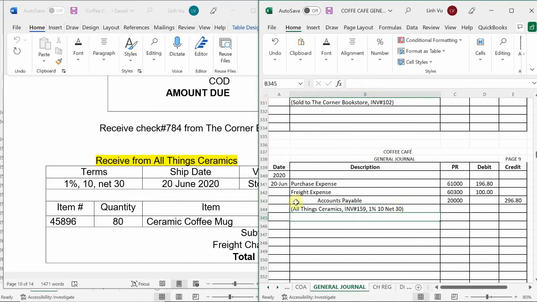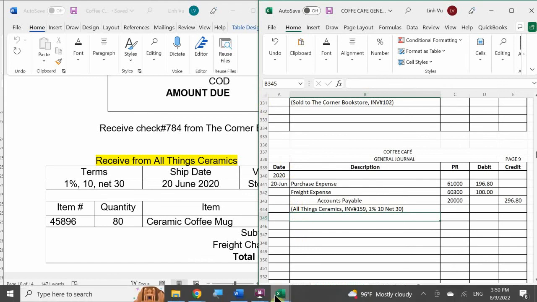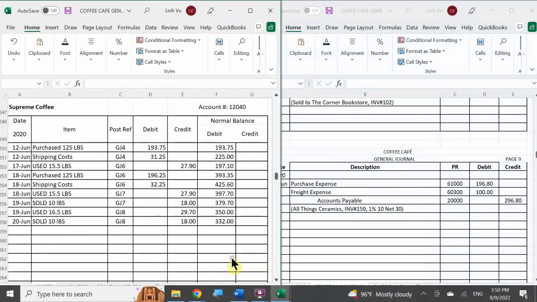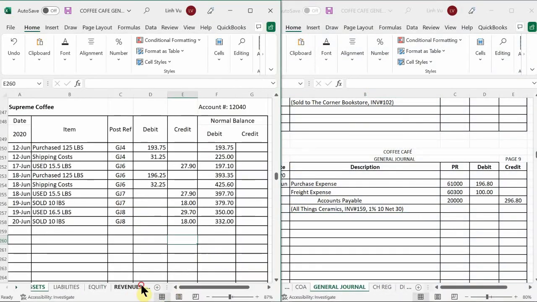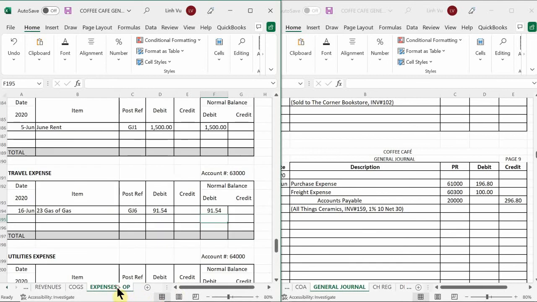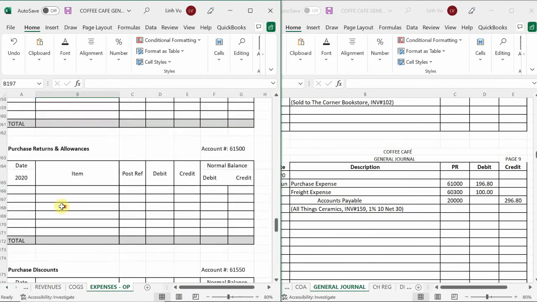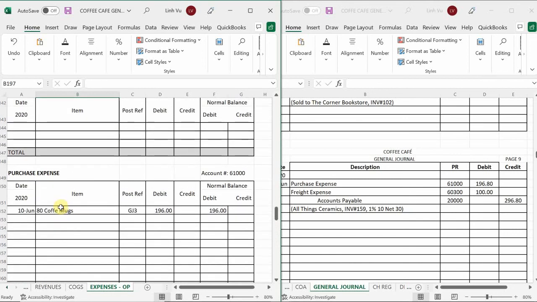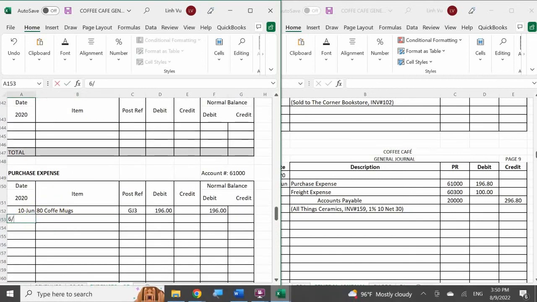Okay, and then you would go to your general journal, or general ledger. And in expenses, you would find purchase expense. And it's page 9.